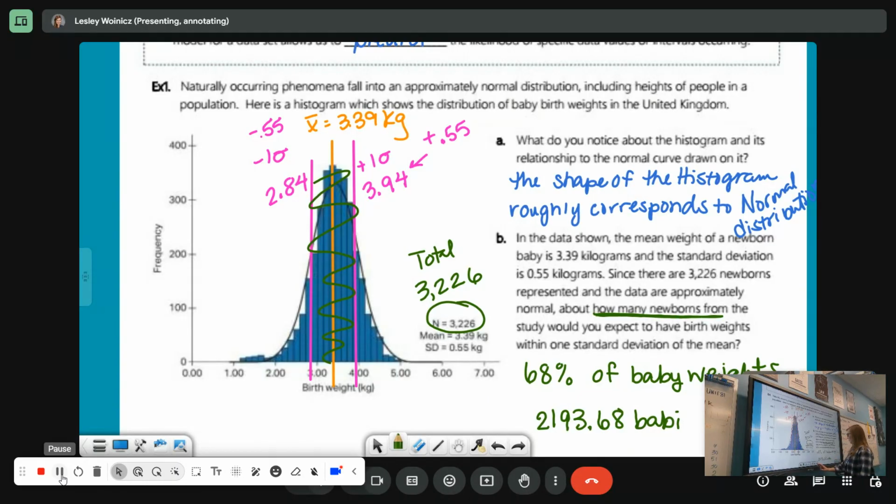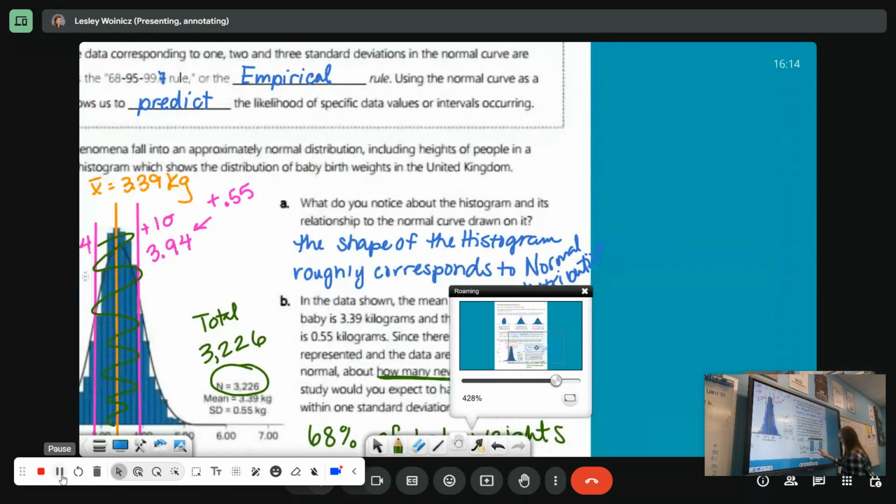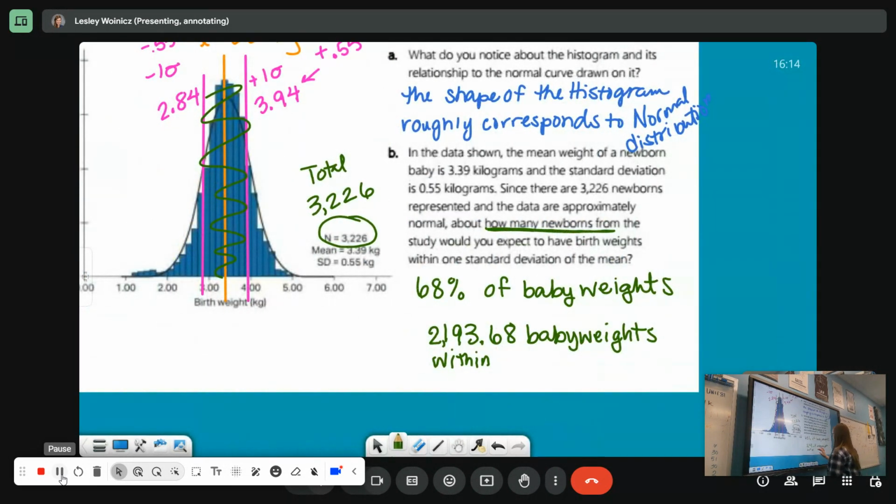Actually, these are baby weights, right? Within how many are in 1 standard deviation of the mean.